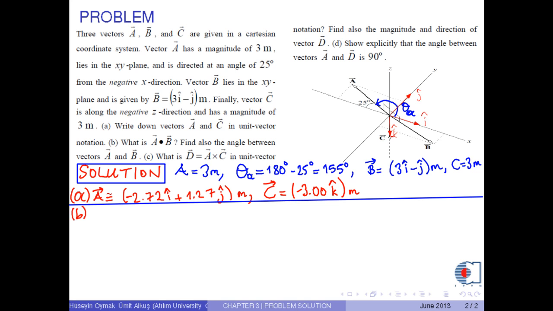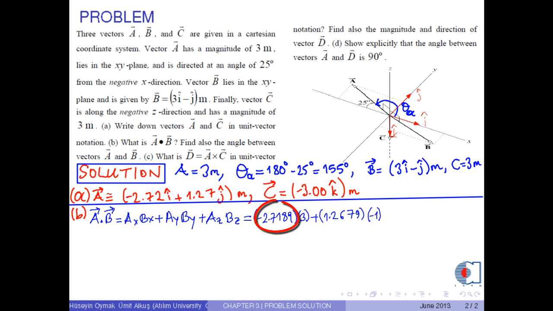In part B, we find A dot B and the angle between vectors A and B. We can write A dot B in terms of their components as Ax times Bx plus Ay times By plus Az times Bz. If we substitute the corresponding numerical values into this equation, we get.